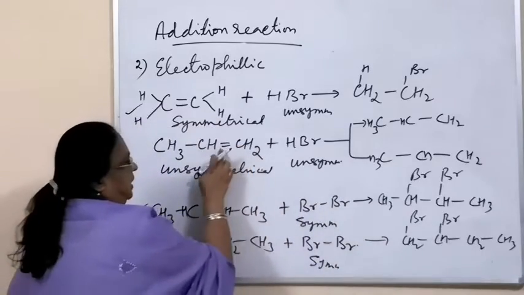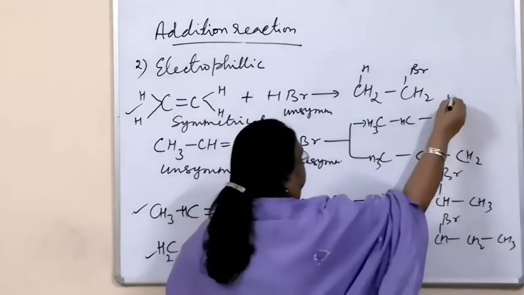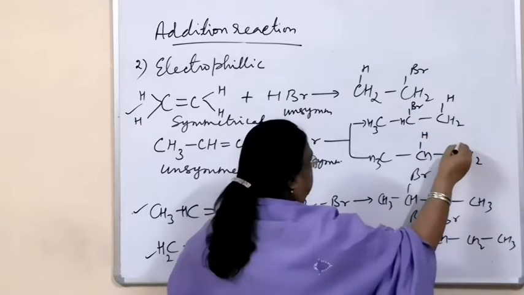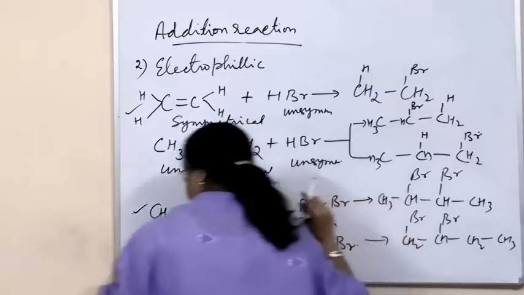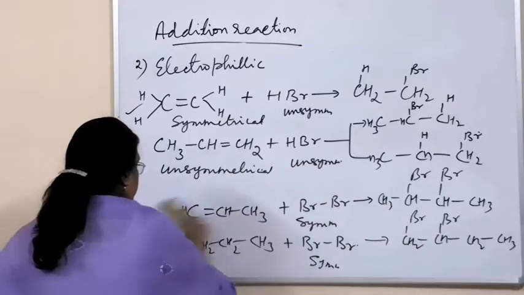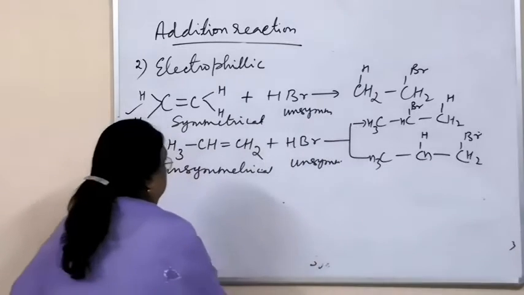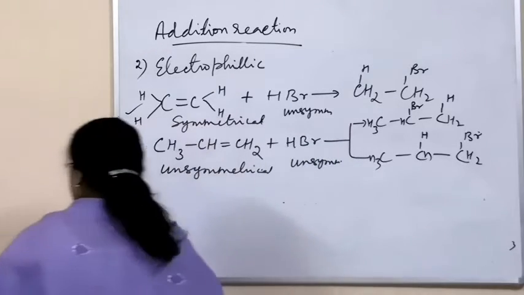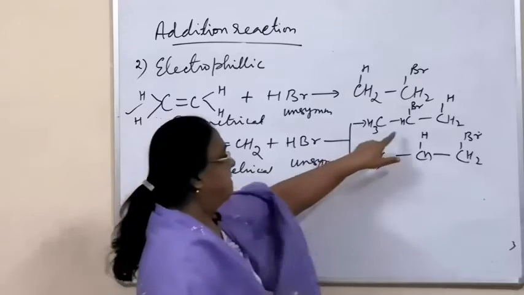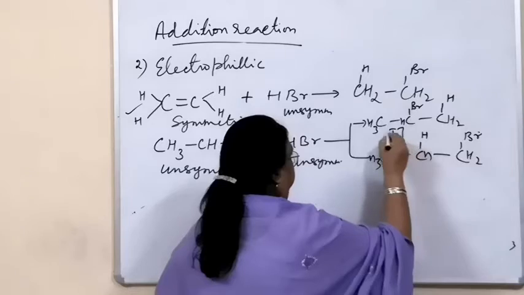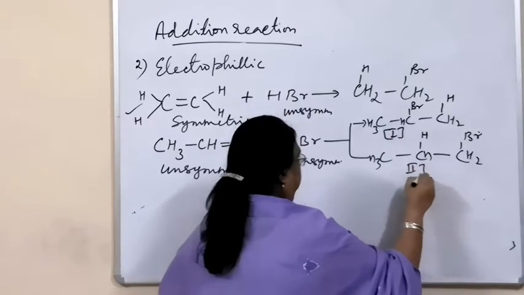If this is breaking, here you may have H and here you may have Br, and here you can have H and here you can have Br. So two kinds of product can be expected. So this is your 2 bromo and this is 1 bromo. This is the first product and this is the second product.